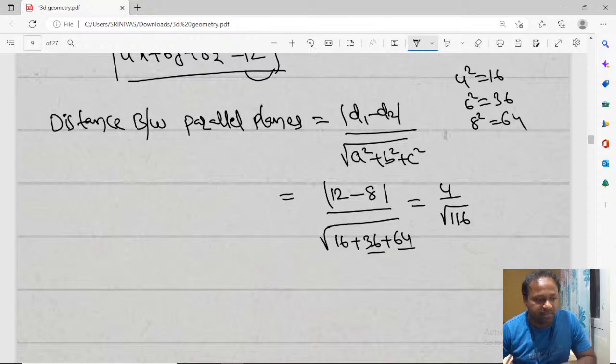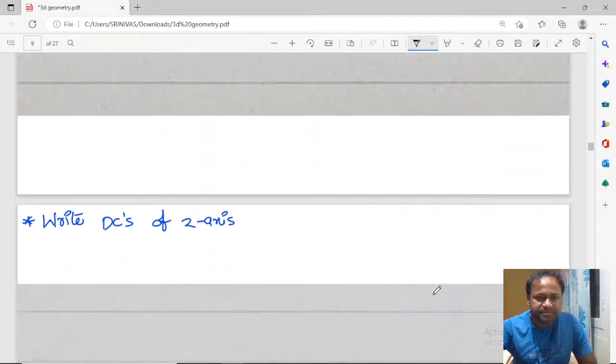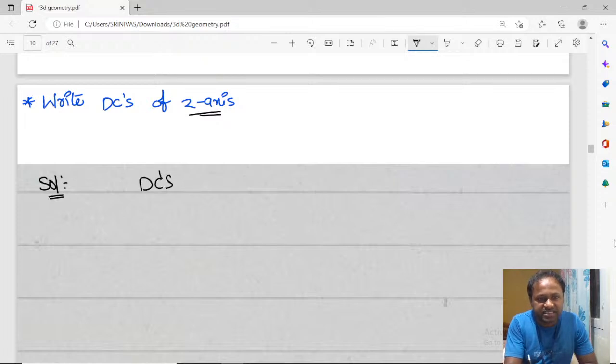So here next another problem. What are the direction cosines of z-axis? Direction cosines of z-axis. DCs of z-axis, just before we have seen, 0, 0, 1.